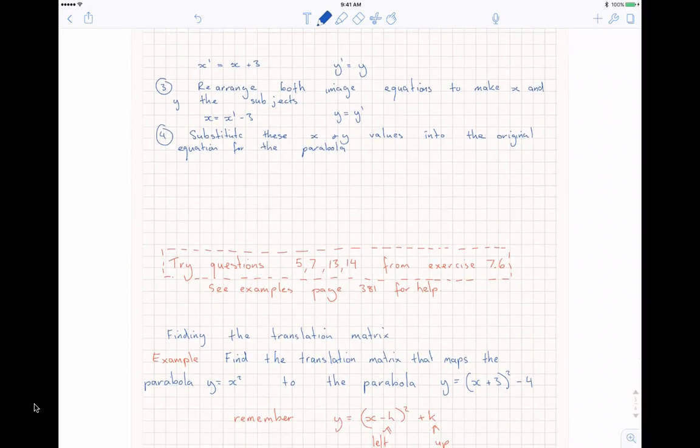Substituting straight into the original equation for the parabola, our original equation was just y equals x squared, y becomes y dashed, and x becomes x dashed minus 3 all squared.